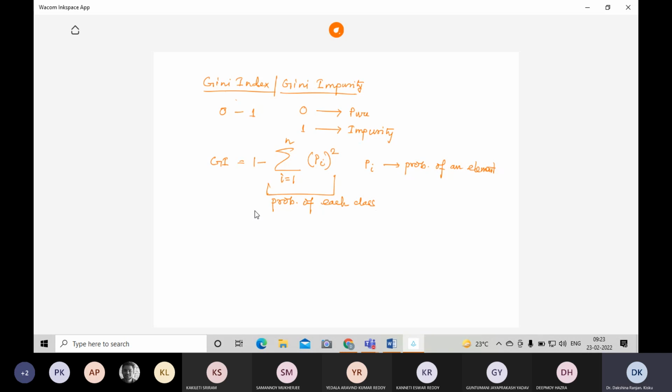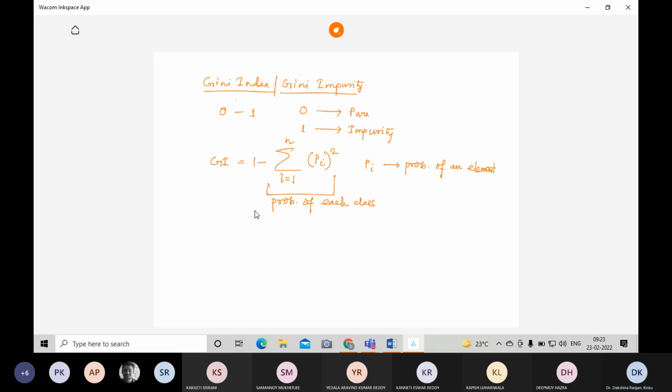We can have two more differences. Gini index works on bigger distributions, whereas information gain works on small distributions, which will have small counts with multiple specific values.